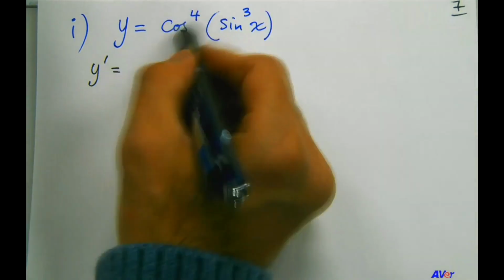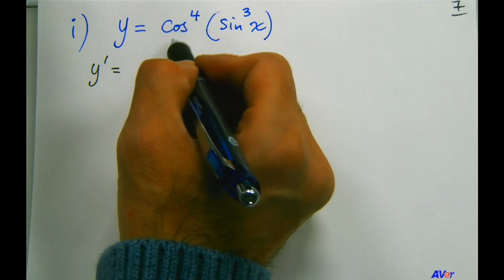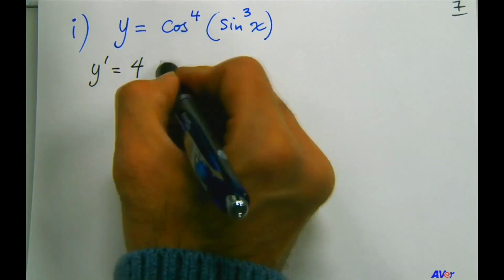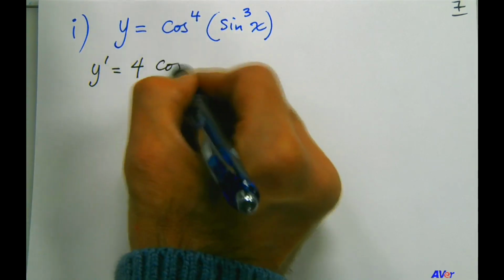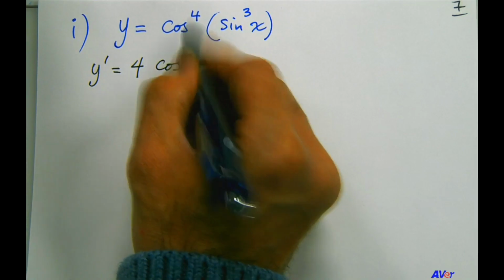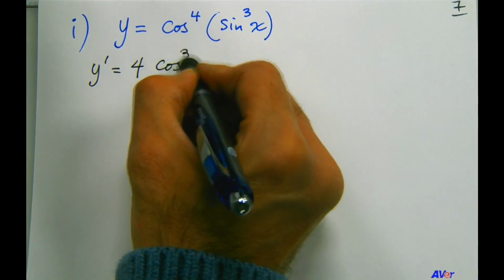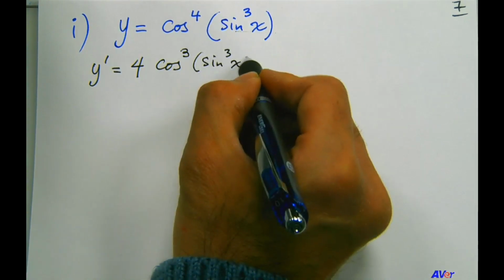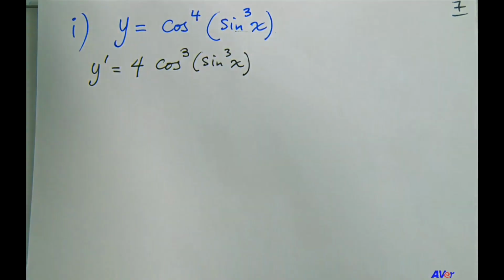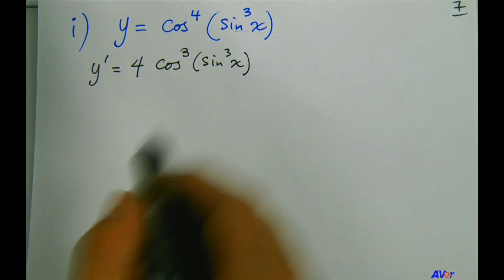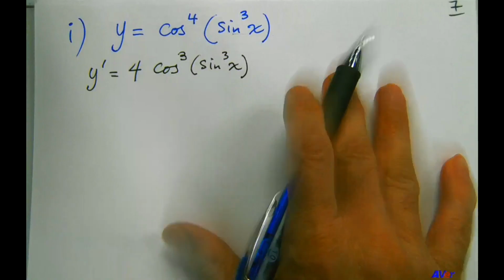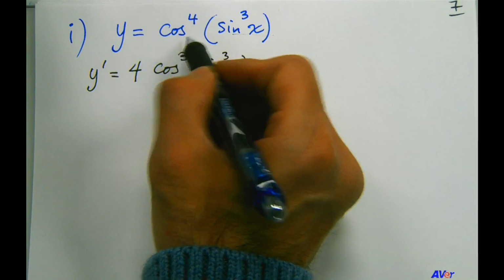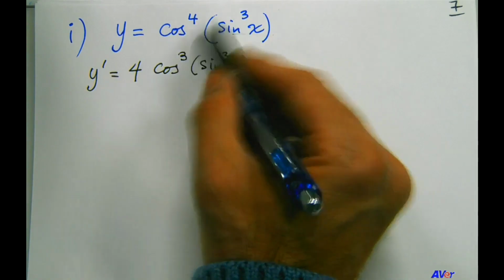We can do it right from here. So 4 times, this power comes in front, this is the power rule, reduce this power by 1, sine cubed of x, times, of course, the derivative of the cosine.